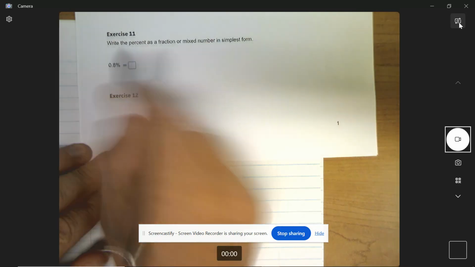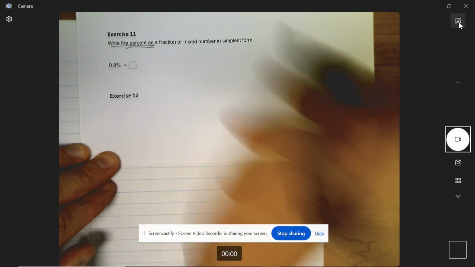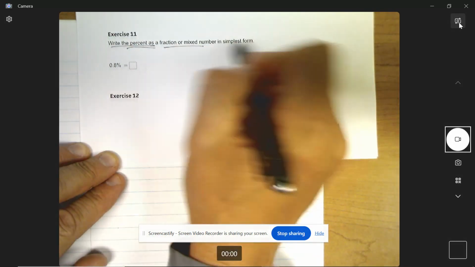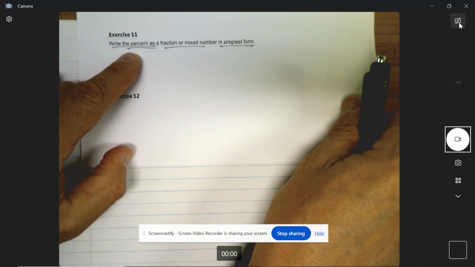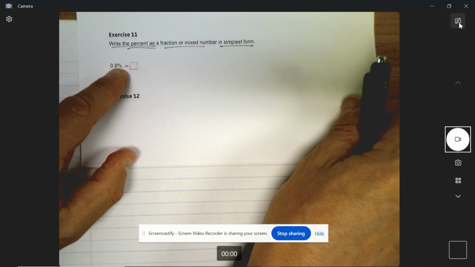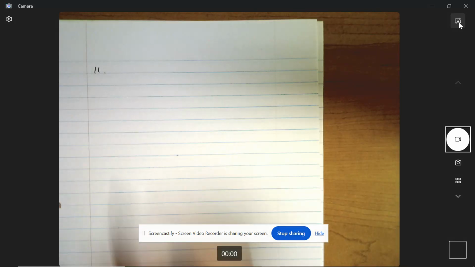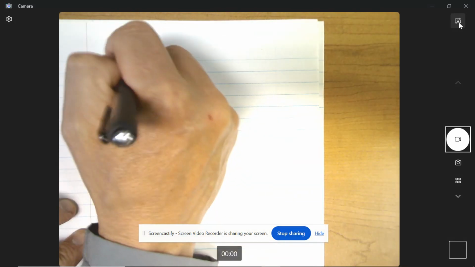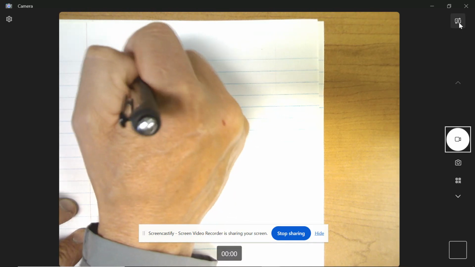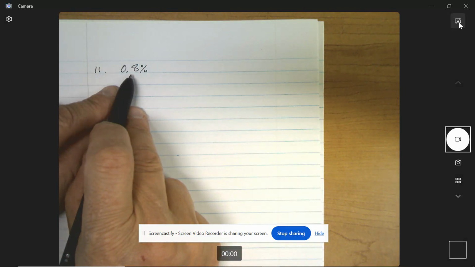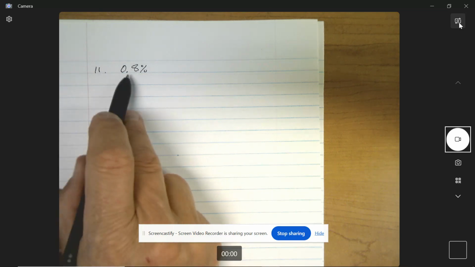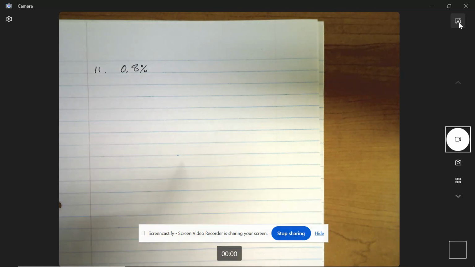All right, so write this percent as a fraction in simplest form. Now listen, this is the same thing. Don't get confused. Don't think that that's 0.8. Actually, let me write this down. It's 0.8%. That's less than 1%. So the way we figure this out is we're going to divide it by 100.